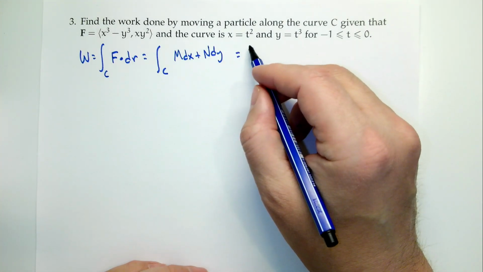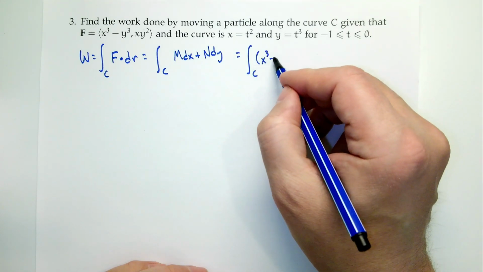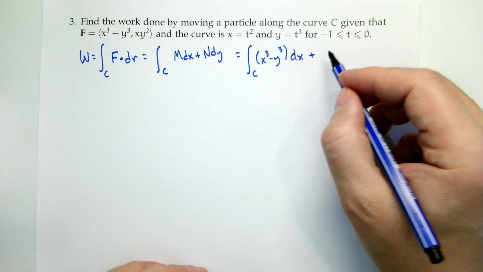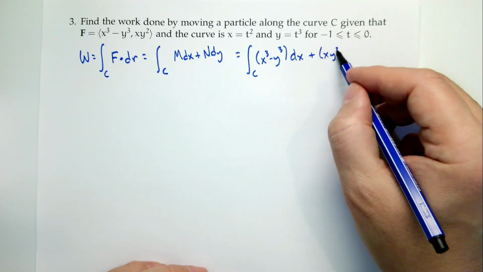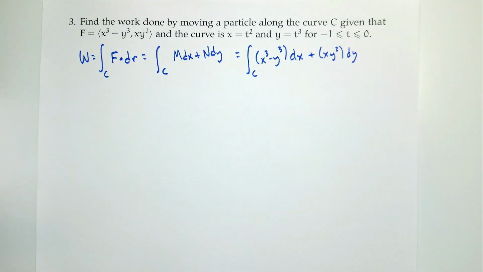So we have that as the integral along the curve of x cubed minus y cubed dx plus xy squared dy. So that's our integral. Notice this one doesn't have a ds involved. In some sense, that makes it easier because we don't have to introduce the square root.